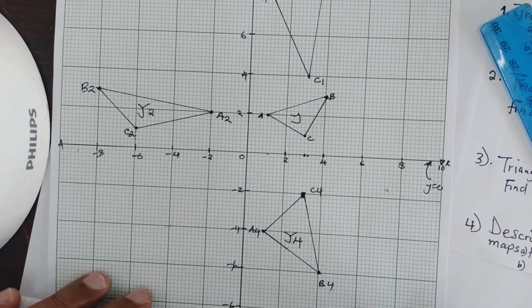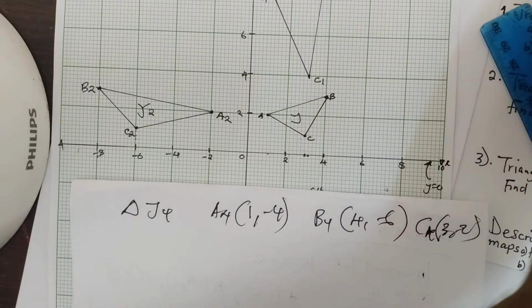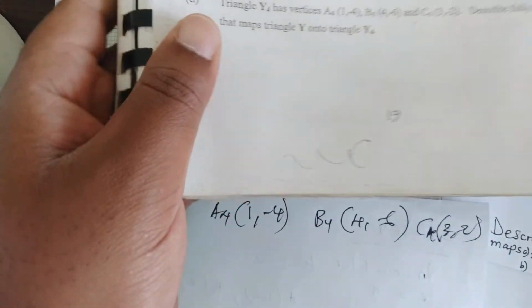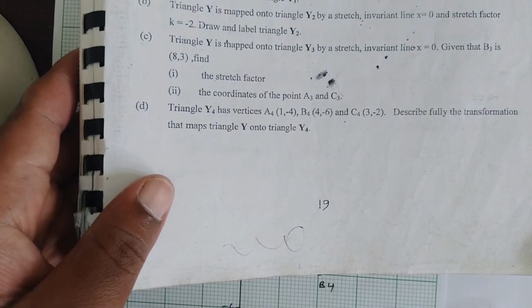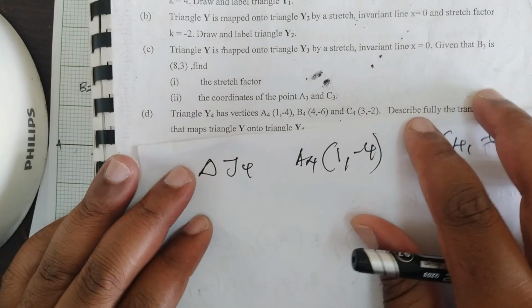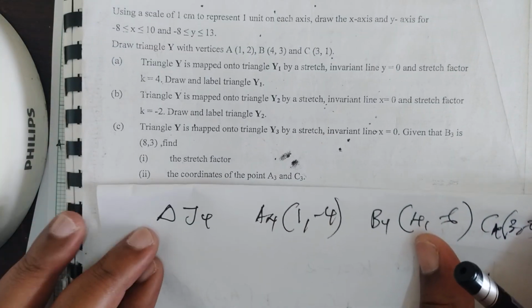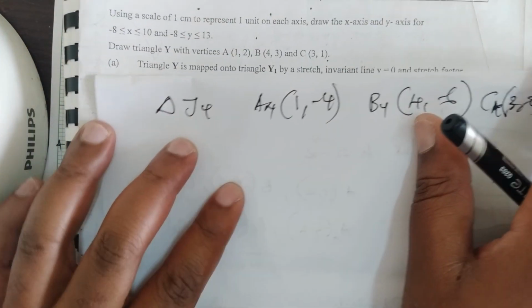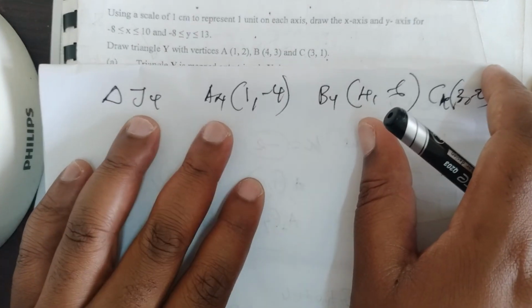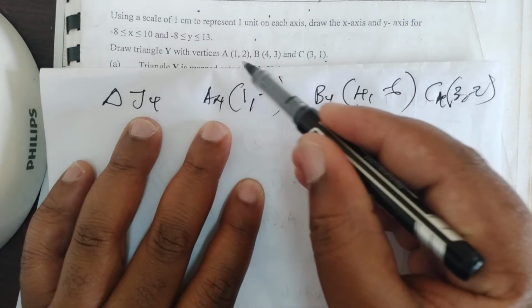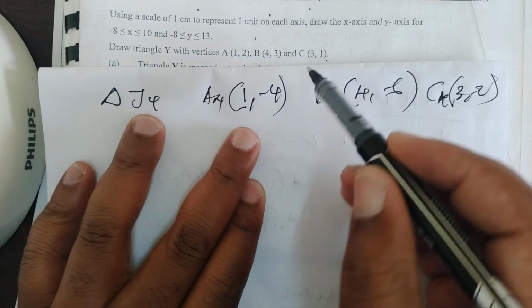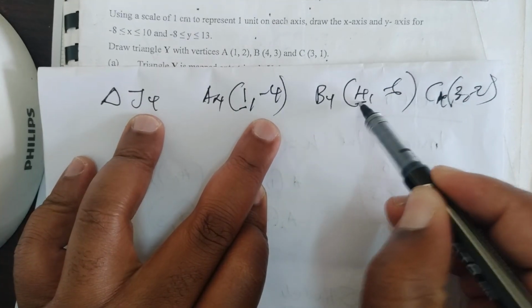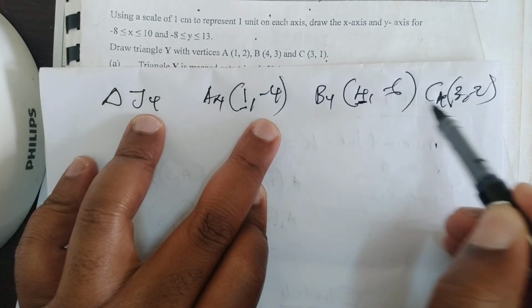Or alternatively, let me get the coordinates of triangle Y and compare. What are the coordinates of triangle Y? 1, 2. So 1 is maintained here. 4, 3. 4 is maintained here. 3, 1. 3 is maintained.